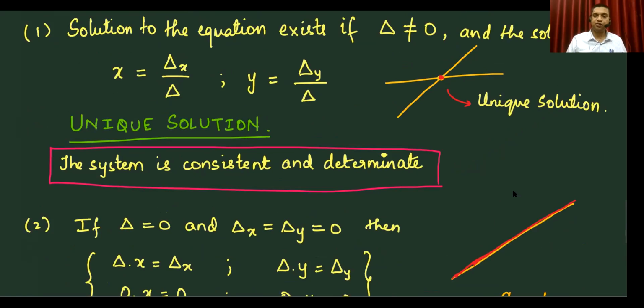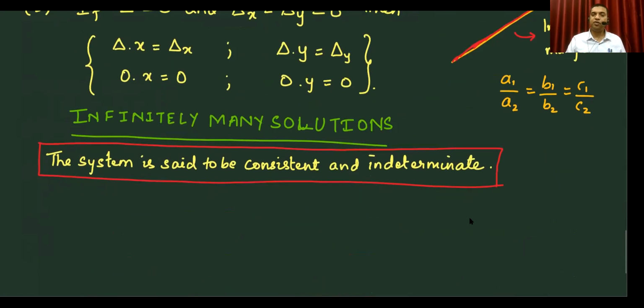This is a unique solution. Here you get infinitely many solutions, or we say infinite solutions, because every point on one line will satisfy the equation of the other.